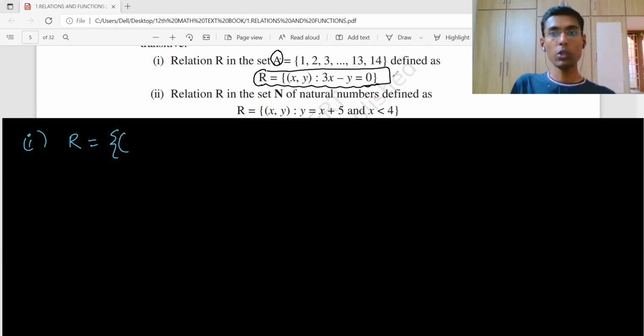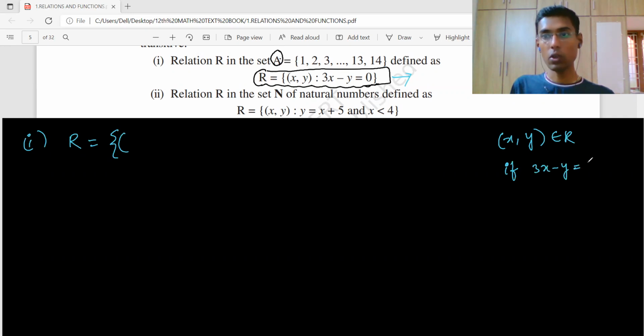You can write (x, y) belongs to R if 3x minus y equal to 0. This is a relation between x and y: y equal to 3x, a multiple of 3.